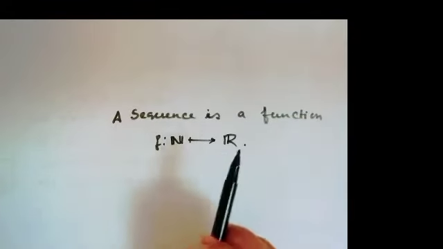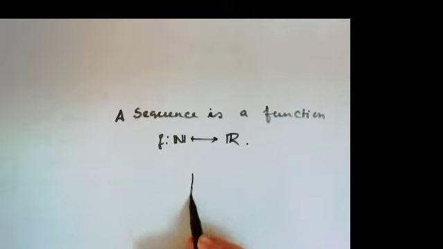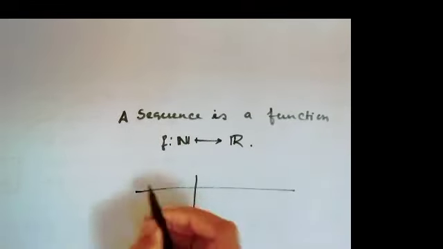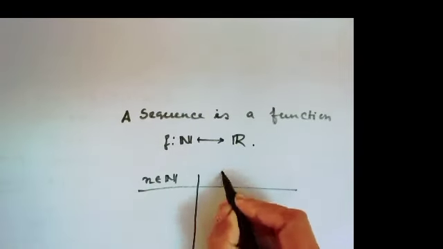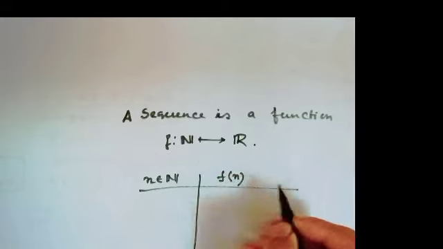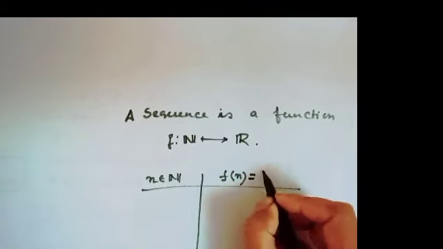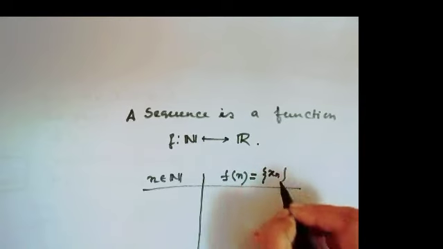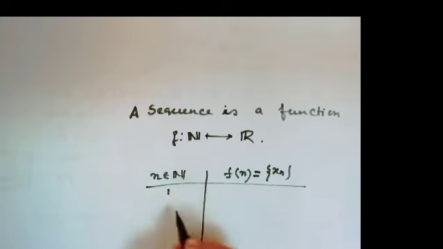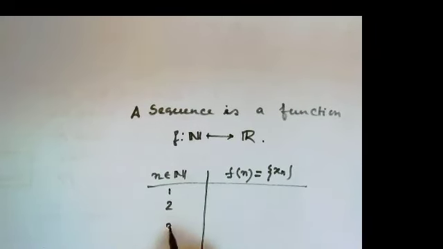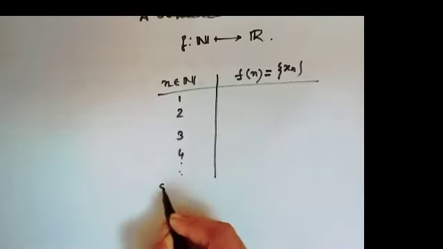How do you represent a sequence? A sequence is represented in the following way. This is n belonging to the natural numbers, and this is f(n), which is equal to the symbol taken as x_n. Okay? Here n means natural number, so it will be 1, 2, 3, 4, and so on.